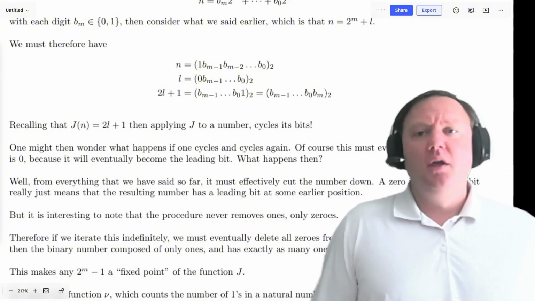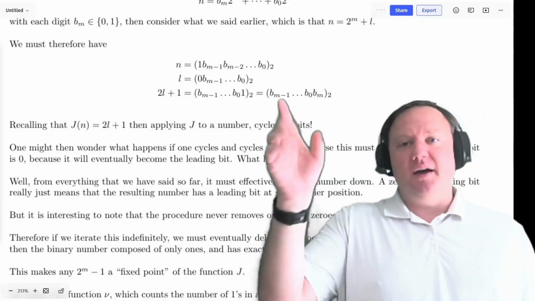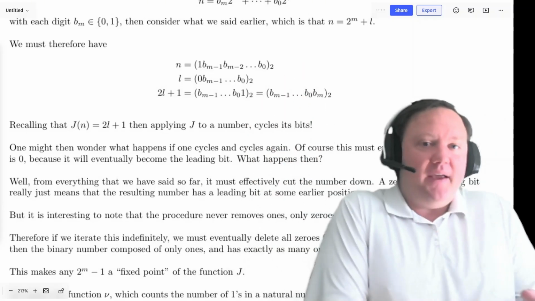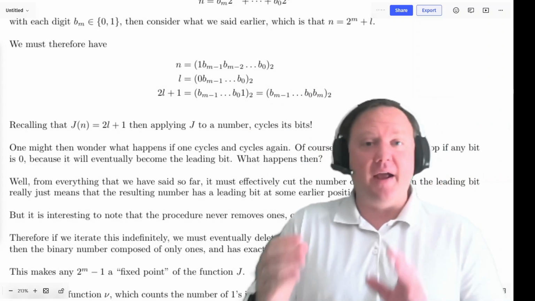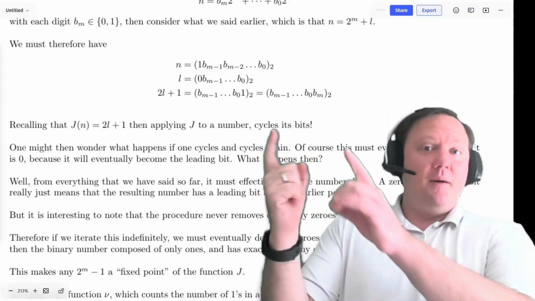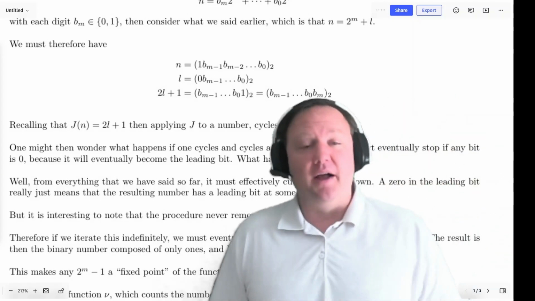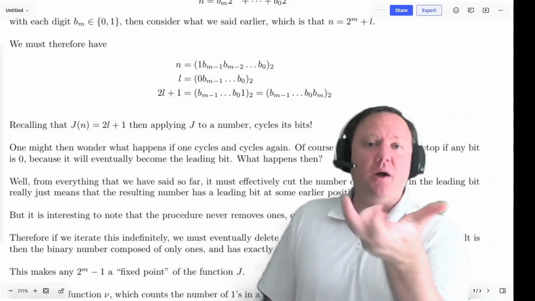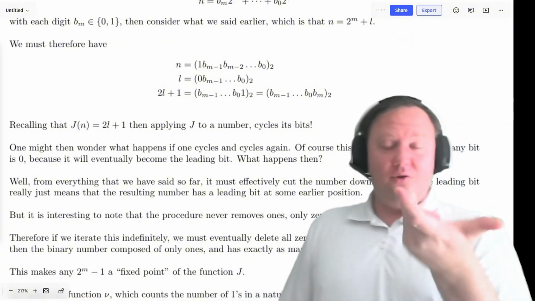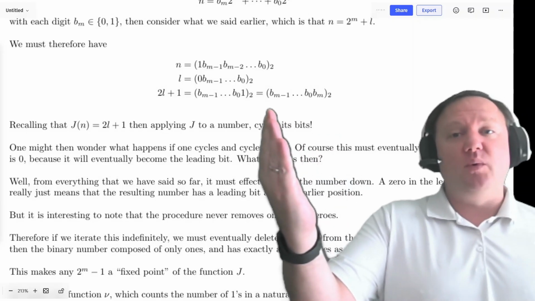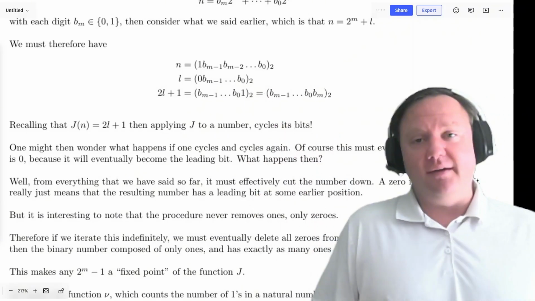And so when you do this, if that bit becomes 0, then it falls away and we get a significantly smaller number. Then that smaller number's binary representation, as we apply the function over and over again, has its bits cycled and cycled until, eventually, we hit a 0 bit on the leftmost edge.